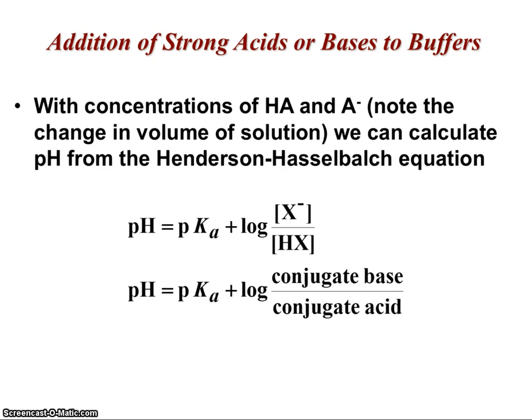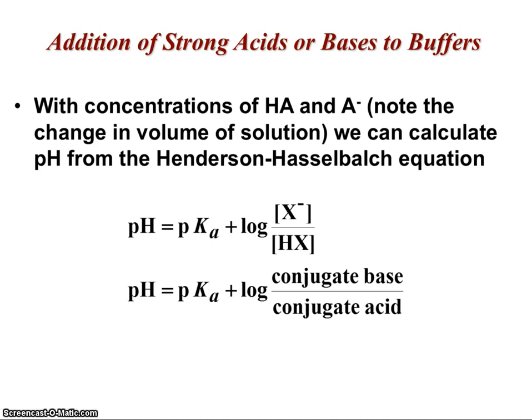If I am making a buffer, and that buffer happens to be a basic buffer, I am not going to use the base form of the Henderson-Hasselbalch equation. I'm just going to use the regular acid form and convert my Kb to a Ka. That way I only have to memorize one thing rather than having to memorize the base form of the Henderson-Hasselbalch equation.